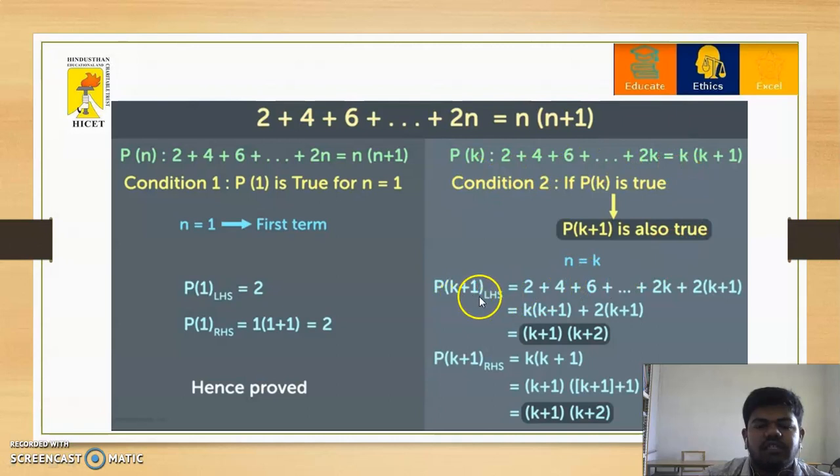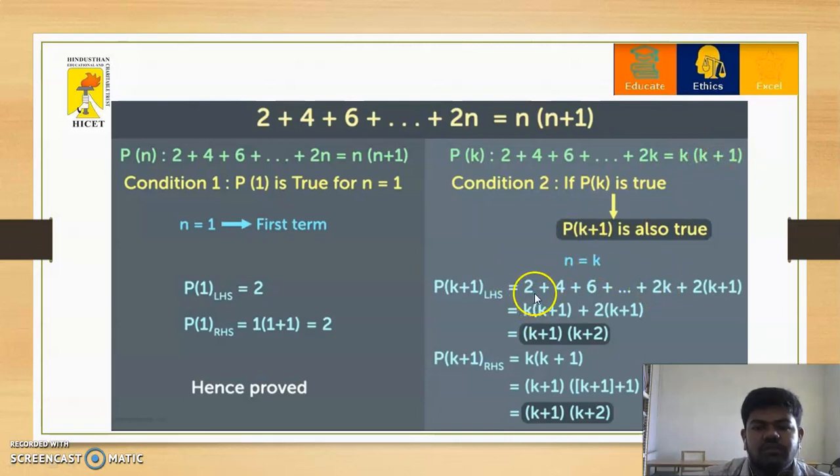P of k plus 1 for the left hand side becomes 2 plus 4 plus 6 plus etc. plus 2k plus 2 into k plus 1. For the first terms, 2 plus 4 plus 6 plus etc. plus 2k, the value we have already assumed is k into k plus 1.